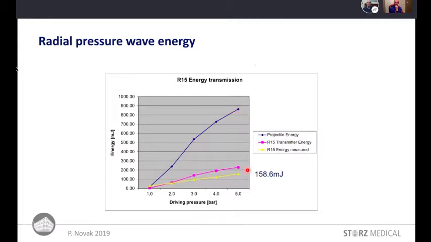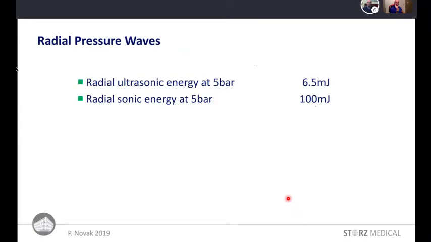And now we see the calculated energy which is within the transmitter, and the yellow one is what can be measured by means of this ballistometer. This is the energy which basically can enter the body. Now we can calculate this independently on behalf of the pressure fields. And we can see here that the energy at 5 bar of the radial transmitter is in the range of 6.5 millijoule.